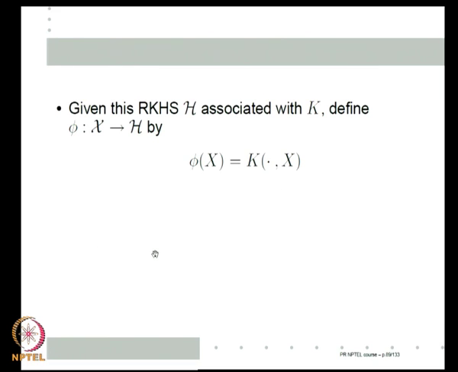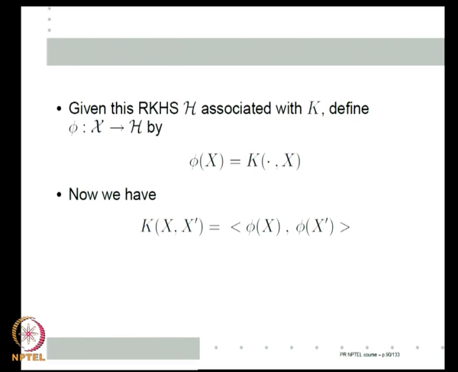If I take this phi, then the inner product of phi(x) and phi(x') is nothing but the inner product of K(·, x) and K(·, x'), which is nothing but K(x, x'). So, K(x, x') is nothing but the inner product between phi(x) and phi(x') in H. So, H is the space you are looking for.